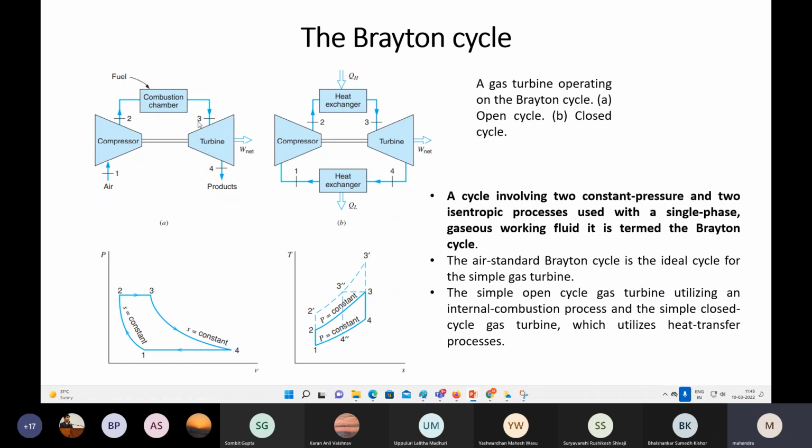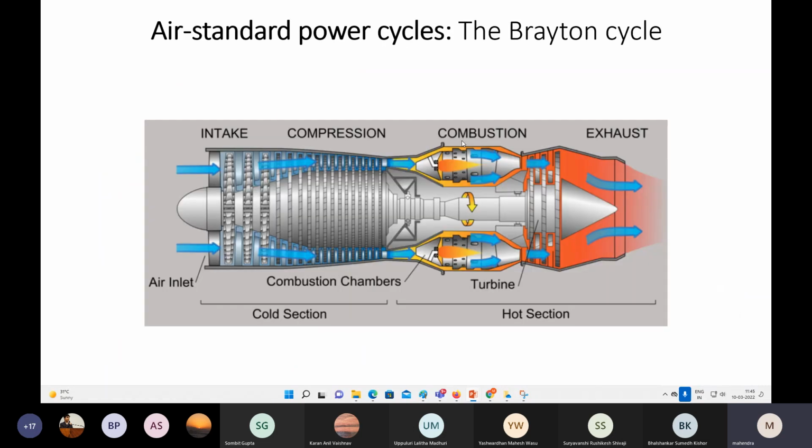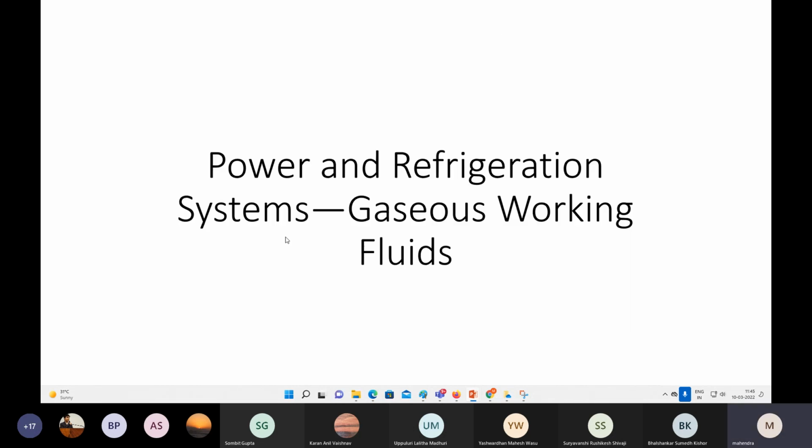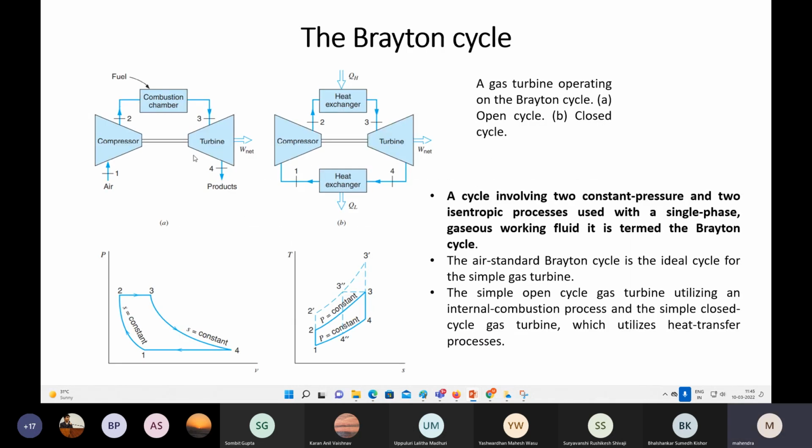When you are using it for aircraft applications, that is the open cycle. Why? Because you are expanding a large amount of combustible gases through the nozzle, which generates your thrust.